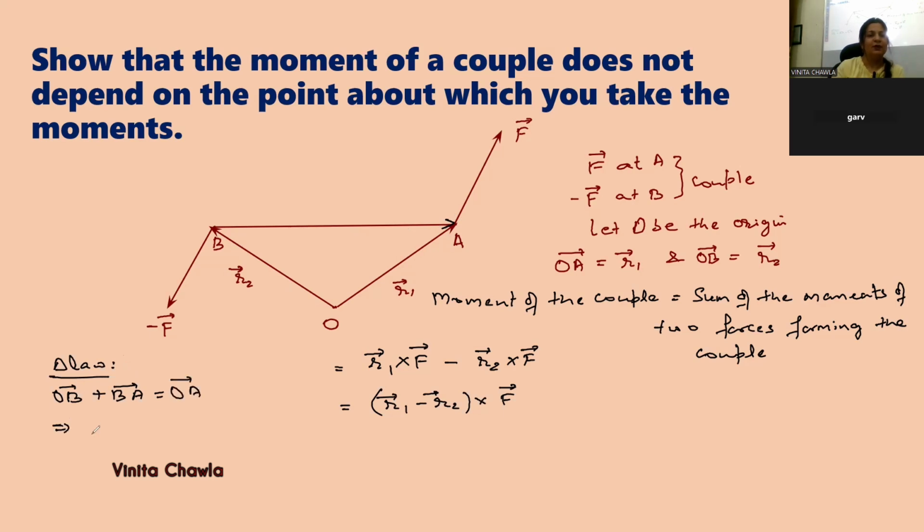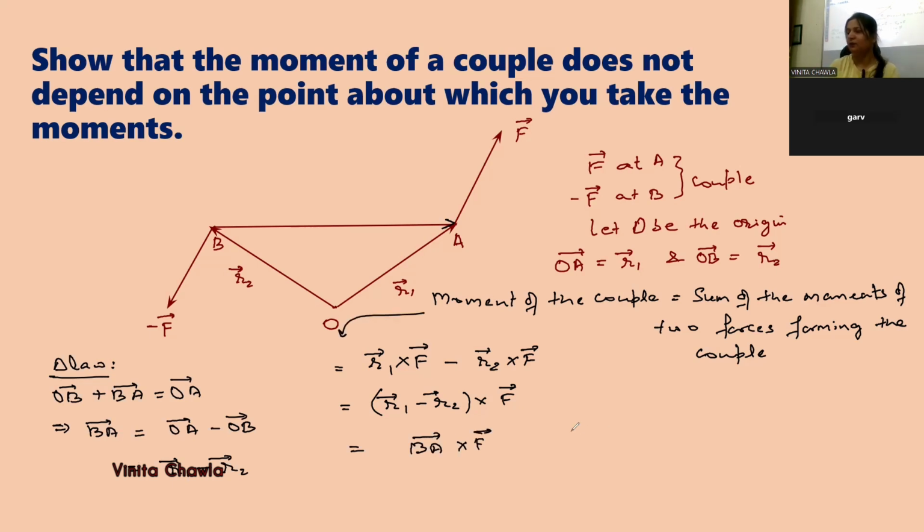This implies vector BA is vector OA minus vector OB. Now vector OA is vector R1 and OB is vector R2. So in place of vector R1 minus vector R2, we can write vector BA cross F. This is the moment of the couple.